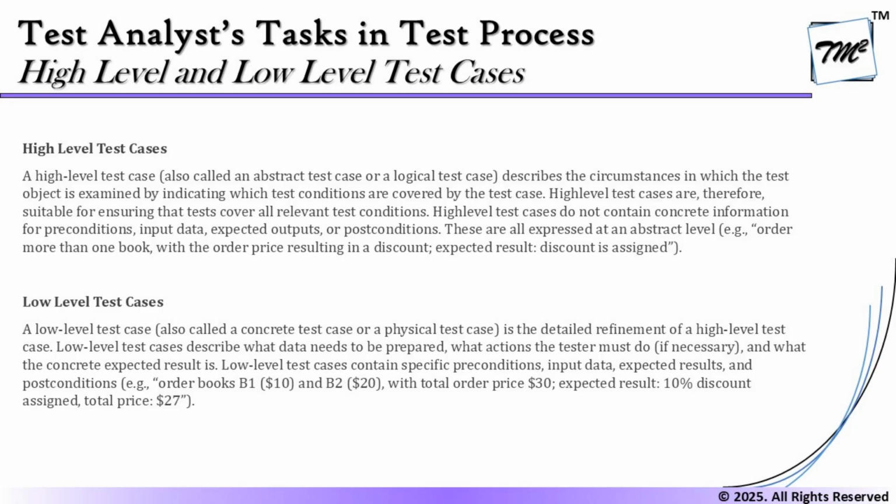High-level test cases are therefore suitable for ensuring the tests cover all relevant test conditions, where high-level test cases do not contain any concrete information like precondition, input data, expected output, or post conditions, and these are all expressed at an abstract level. Here we have a simple example: order more than one book with the order price resulting in a discount, expected result, discount is assigned.